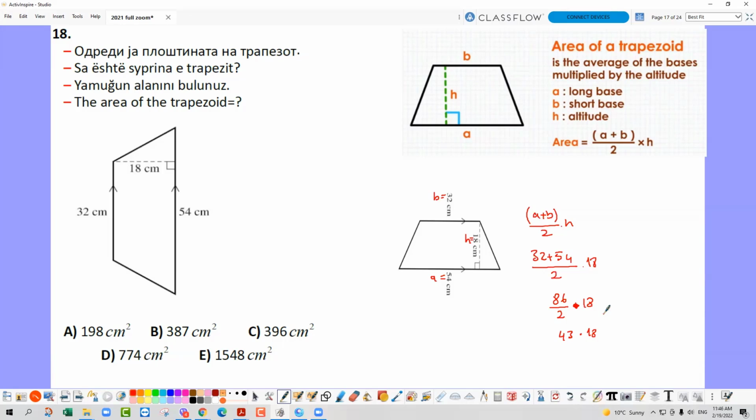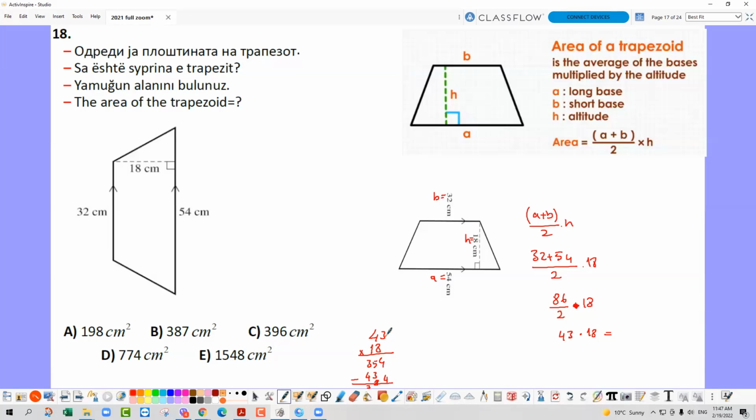To calculate 43 times 18, you can calculate in a different way. Maybe we can do it like this. Here, 8 times 3 is 24, 8 times 4 is equal to 32. I think I made a mistake here.